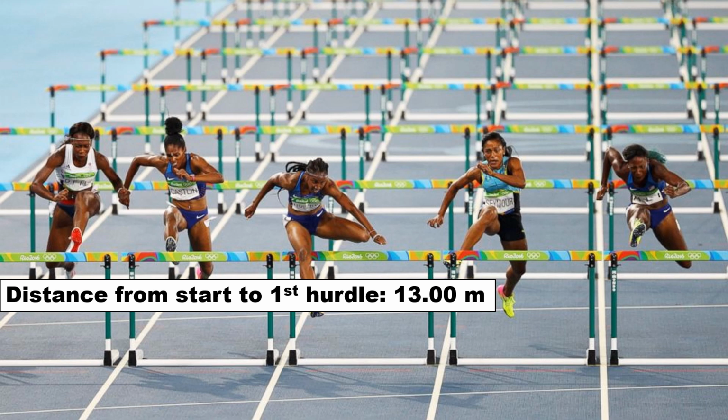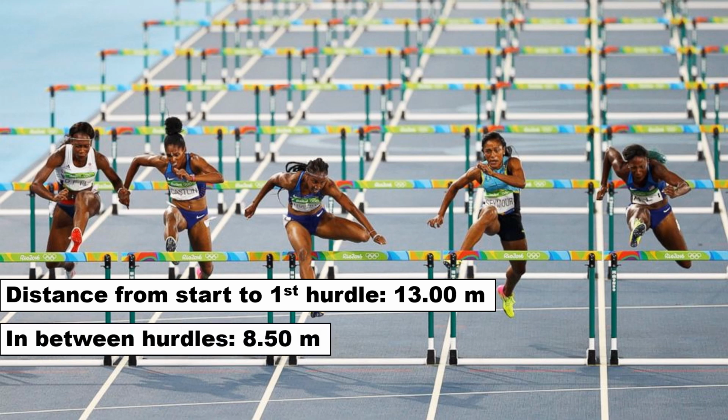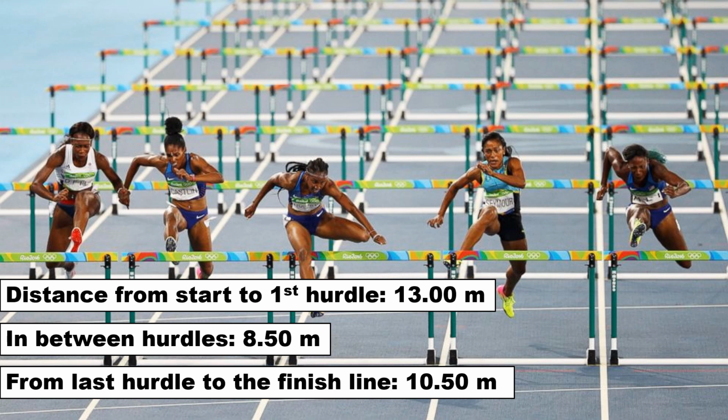Here the distance of the first hurdle from the start line will be 13 meters, and in between hurdles the distance will be 8.50 meters. So the gap between the two hurdles will be 8.50 meters, and from the last hurdle to the finish line it will be 10.50 meters.